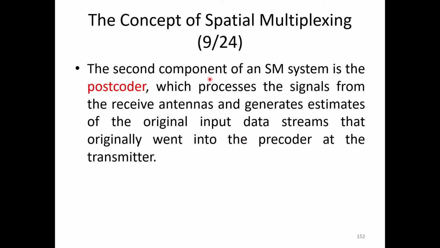The second component of an SM system is the postcoder, which processes the signals from the receive antennas and generates estimates of the original input data streams that originally went into the precoder at the transmitter.